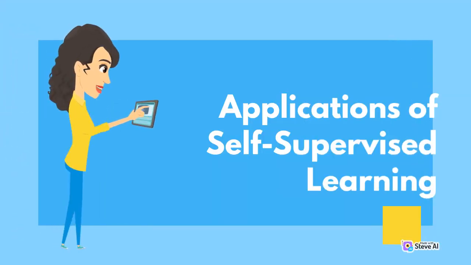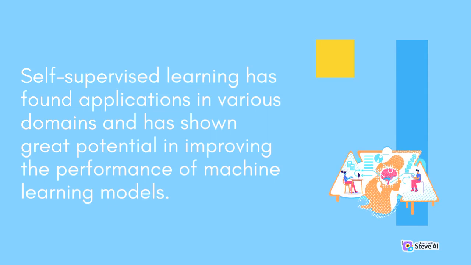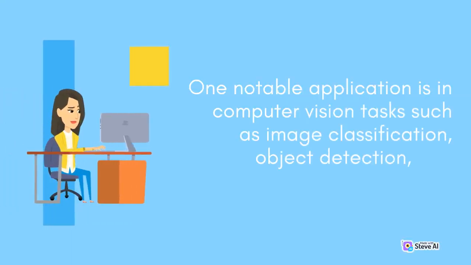Applications of self-supervised learning. Self-supervised learning has found applications in various domains and has shown great potential in improving the performance of machine learning models. One notable application is in computer vision tasks such as image classification, object detection, and segmentation.